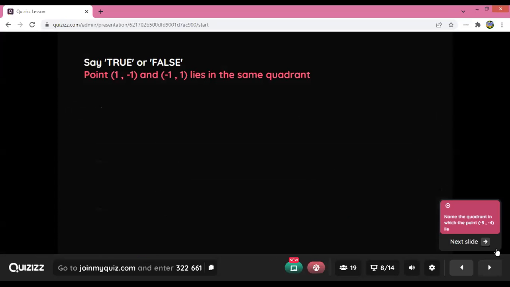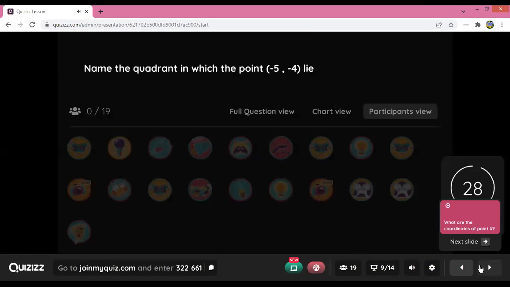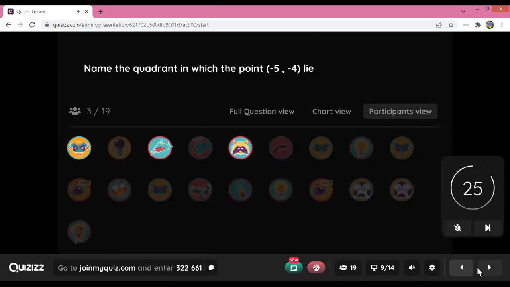Okay, it seems still many of you are giving random answers. Name the quadrant in which this point lies. -5 and -4. Quadrant 1, 2, 3, 4. Which? Both the signs are negative.